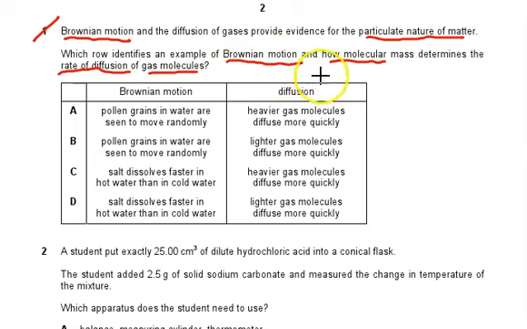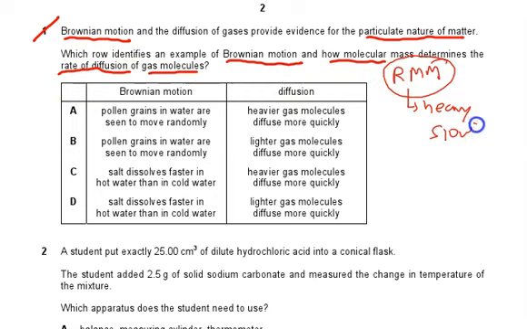For your understanding, the heavier the RMM or RAM, the slower the rate of diffusion. So let us look at them one by one.